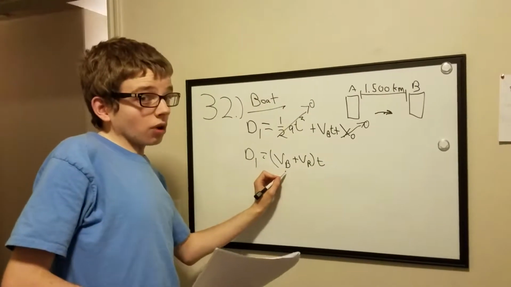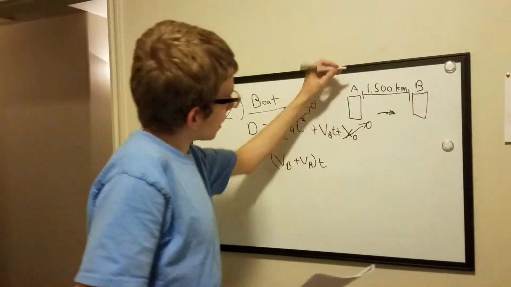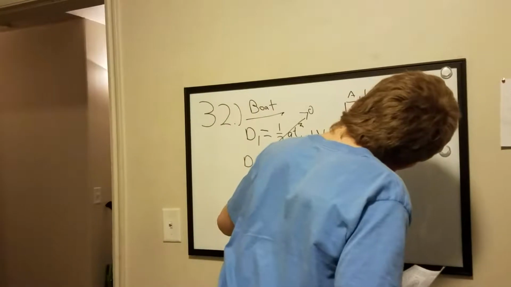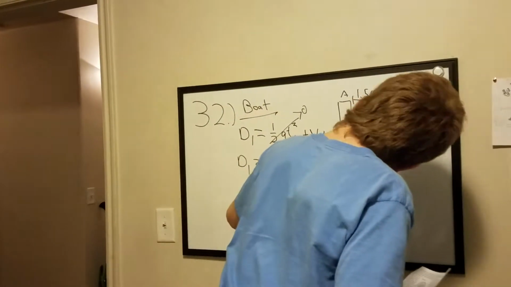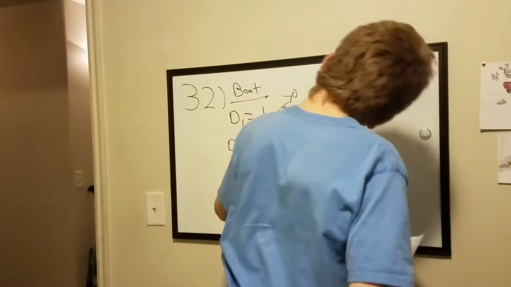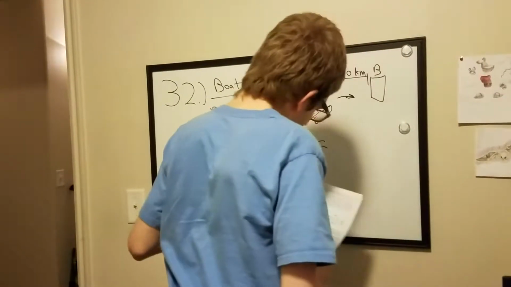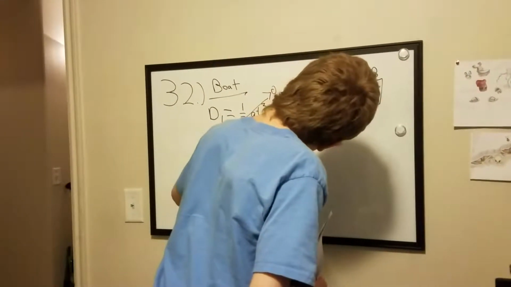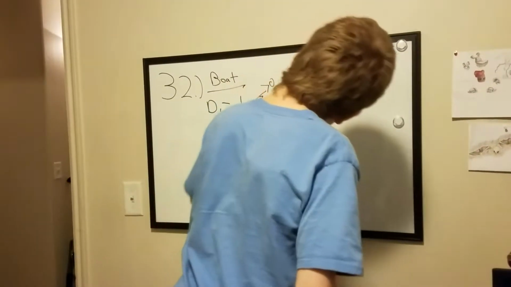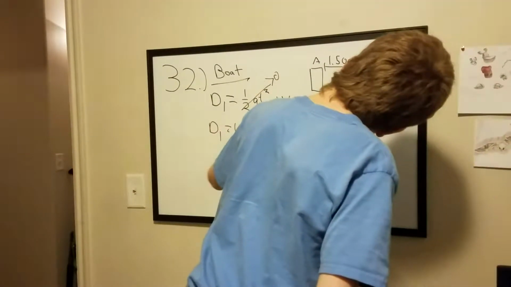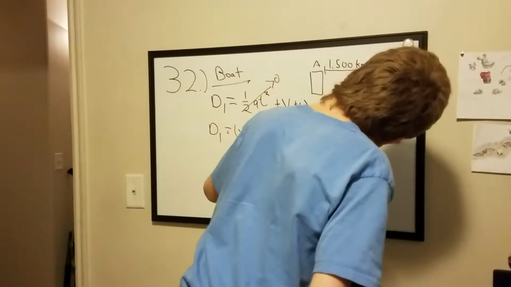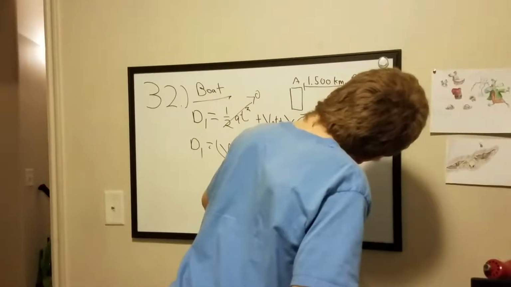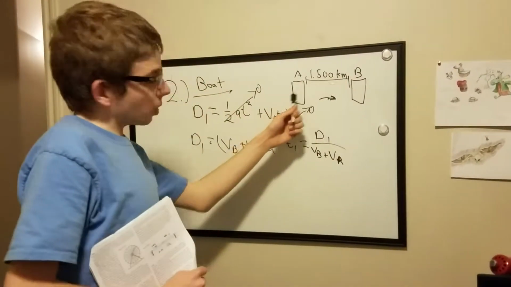And then we can just solve for t in this equation, and then we have the amount of time it takes to go from A to B. So d1 is equal to, sorry about that, so then t1 is equal to d1 over vb, and that's the time it takes from going from A to B.